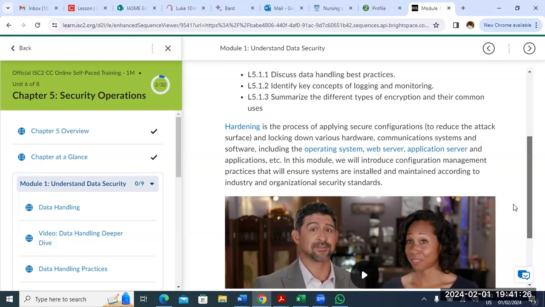Process of applying secure configuration, which is one of the technical controls that we have, ensuring that everything is secured. And they mentioned locking down various devices. When you say you are locking down, whatever you are not using at every point in time, you block it.